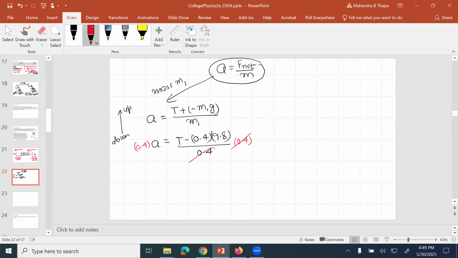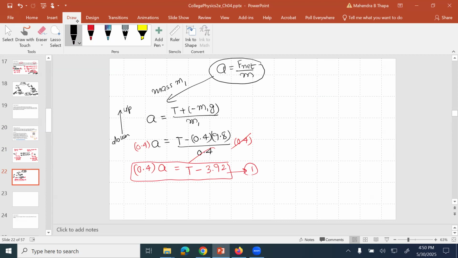That gives 0.4 times A equals T minus 0.4 times 9.8, which is 3.92. We have two unknowns, A and T, so I call this equation 1.